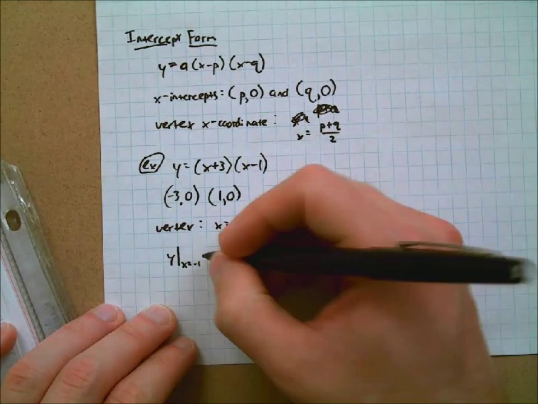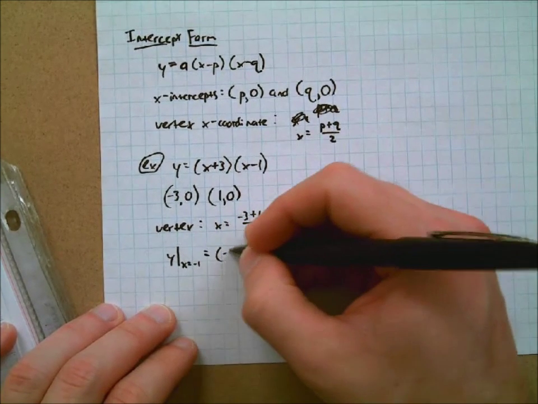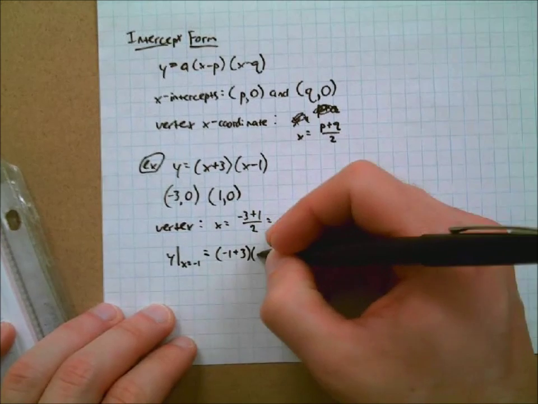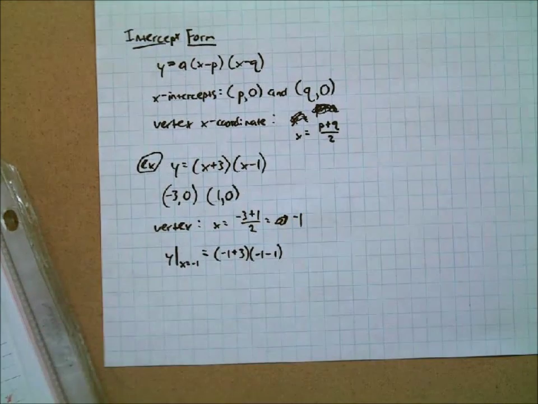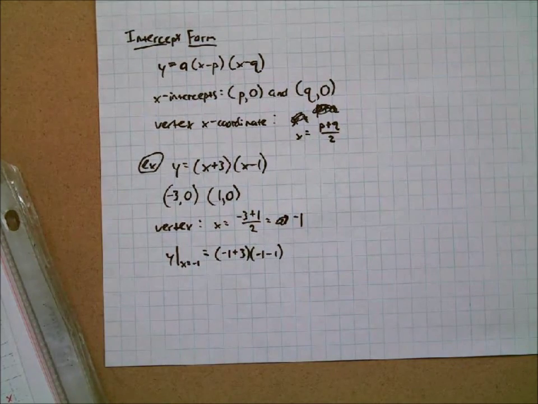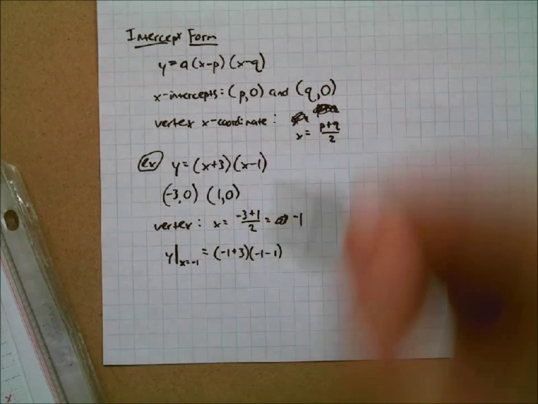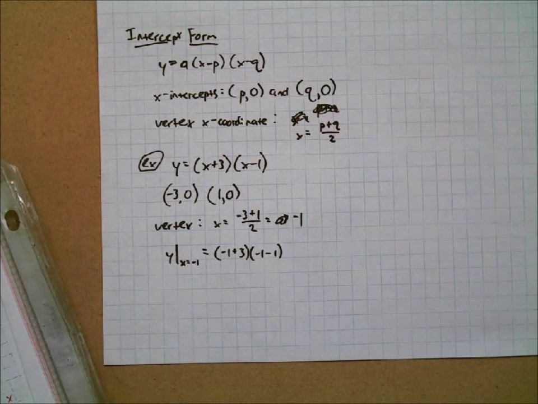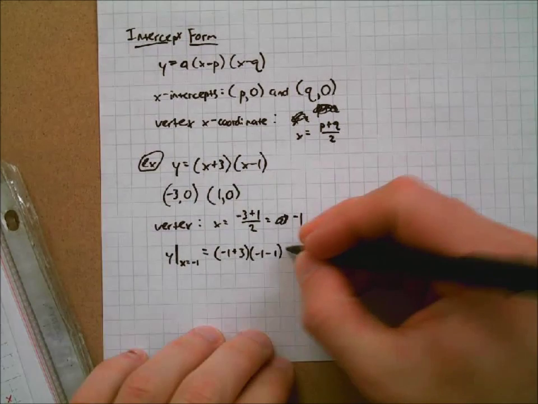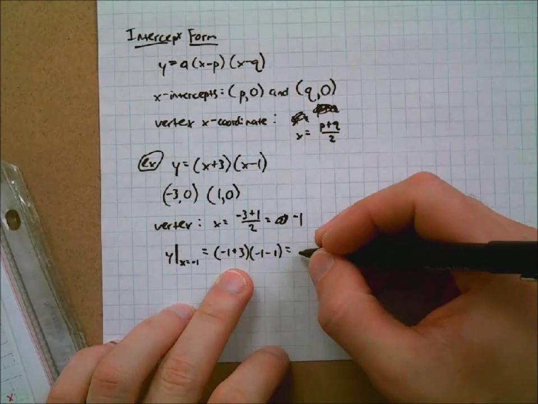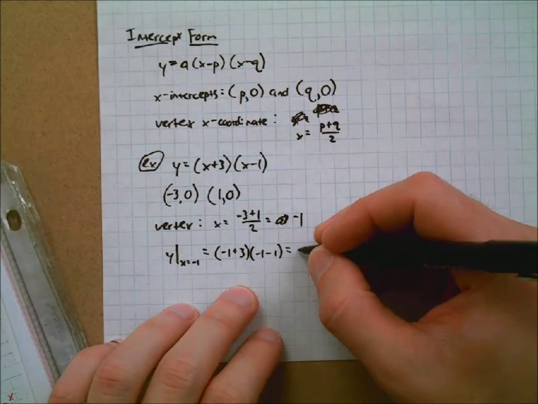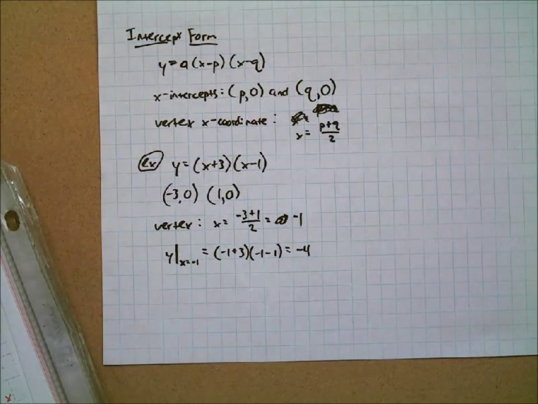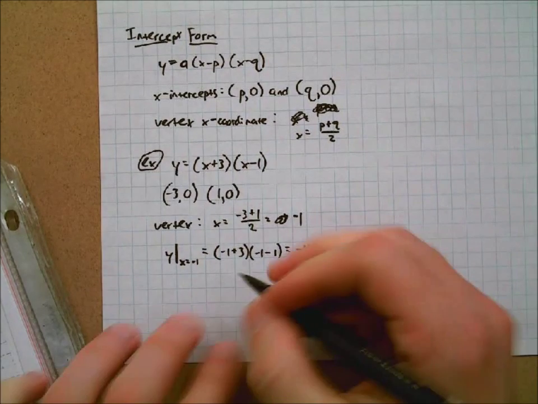That's actually a more appropriate way to write it than just subbing it in, because y is equal to this, y is not equal to this. Y evaluated at x equals -1 is equal to that, and it is a y coordinate. Anyway, that'll be more important when it comes to calculus. So the vertex is at (-1, -4).